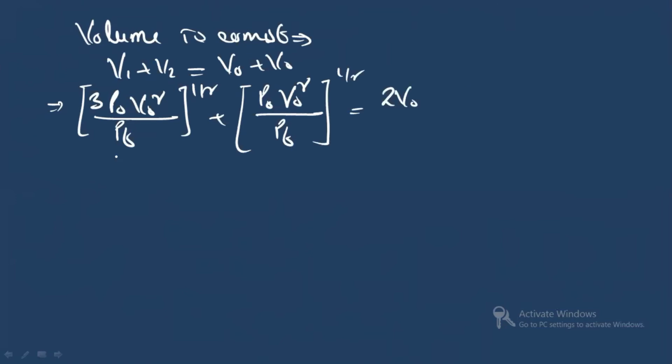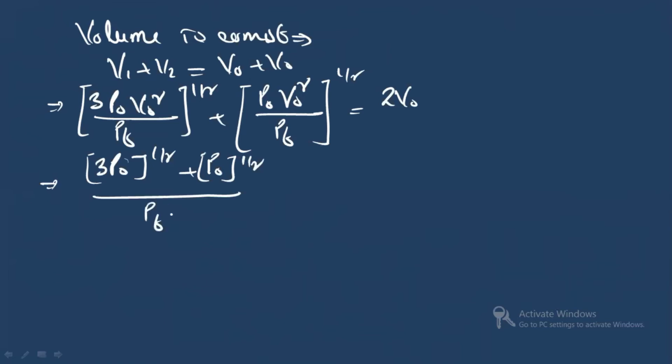Now you see, from both the left hand side and the right hand side, I can take V0 common. So I'm writing here (3 P0) whole to the power 1 by gamma plus P0 to the power 1 by gamma, taking Pf to the power 1 by gamma as the common denominator, and this entire term equals V0 to the power gamma into 1 by gamma.